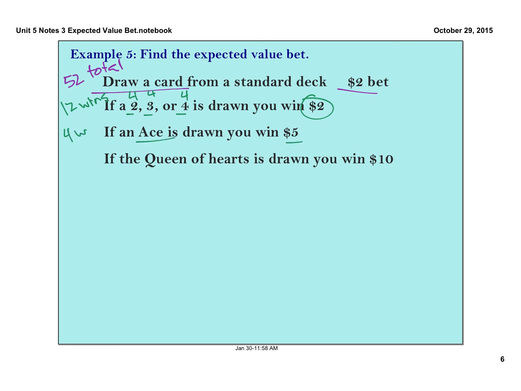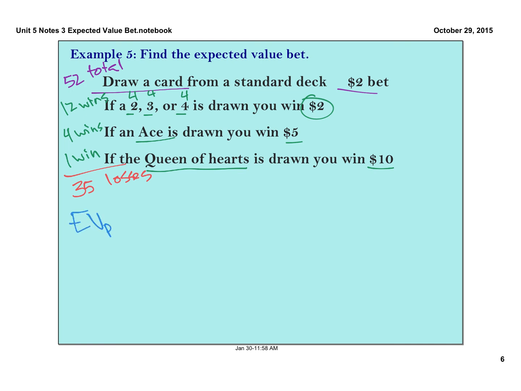That's 4 wins. And if the queen of hearts is drawn, you win $10. That's 1 win. So 3 different ways you can get a payout here. So 12, 13, 14, 15, 16, 17 wins. 52 minus 17 means 35 losses. So there's 35 cards that you could draw that are losers in this scenario.